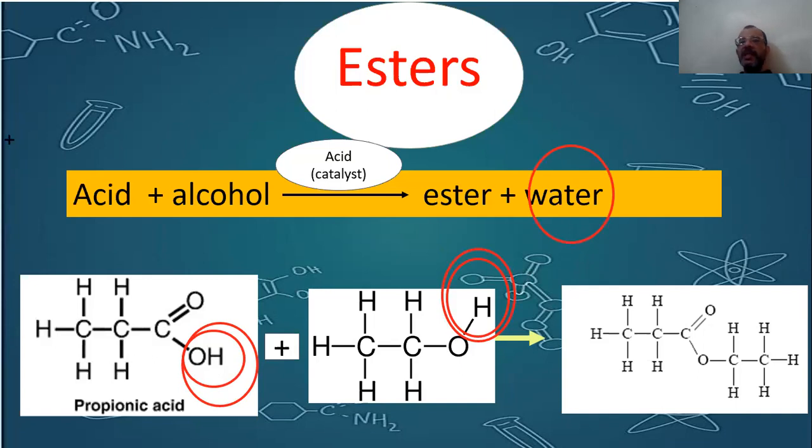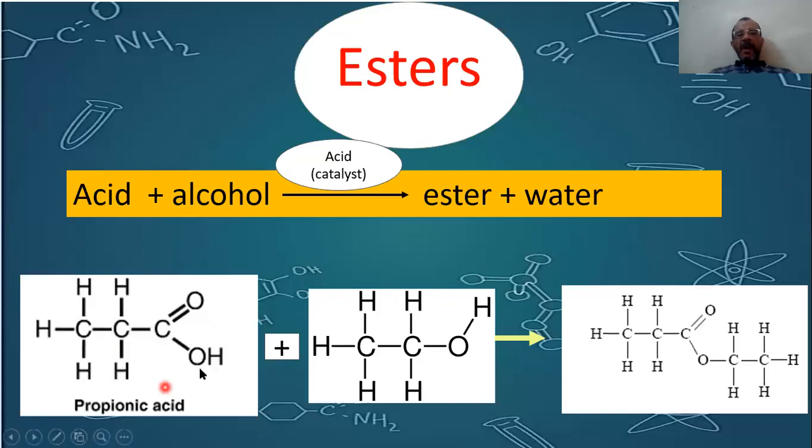Because you know that water basically consists of H2O, so this one, H, OH. HOH here means that this one is water. H comes from alcohol and OH comes from what? OH comes from the acid.